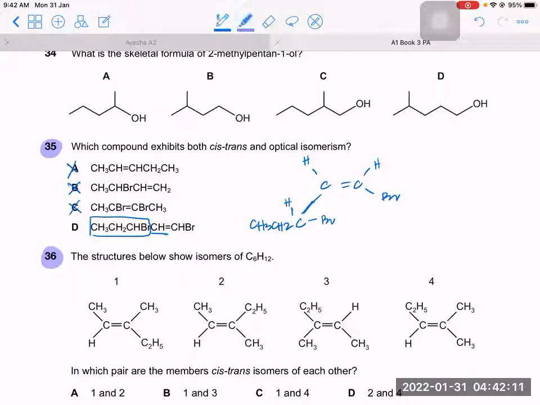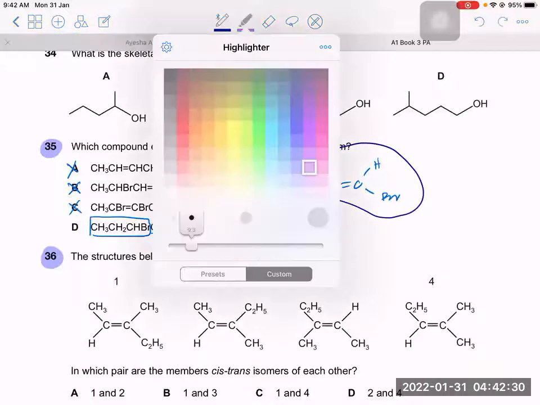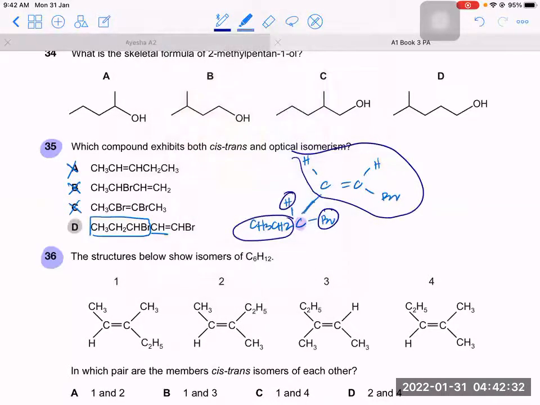Now, does it show cis-trans? Yes. Does it have a chiral center? Yes. If you look at this carbon, it has an H, a Br, all of this, and a C2H5. Is this chiral? Yes. The answer, therefore, is D. Understood?